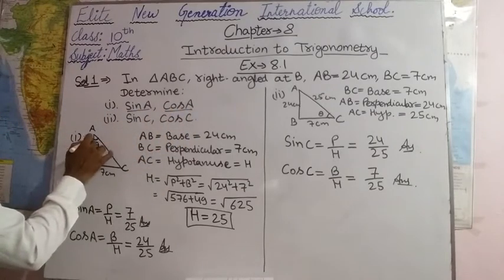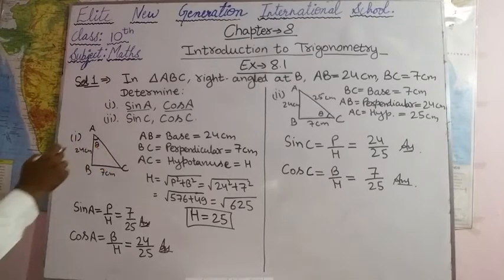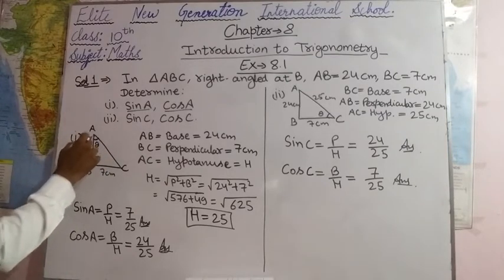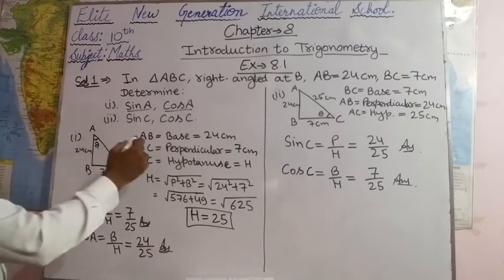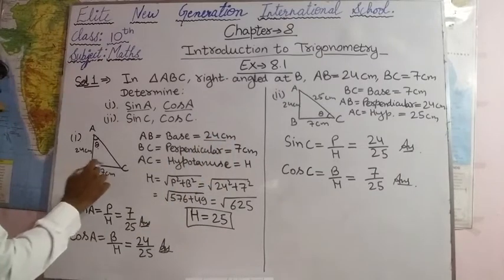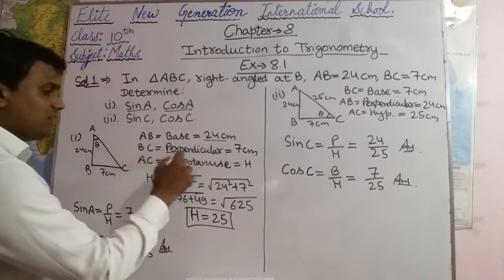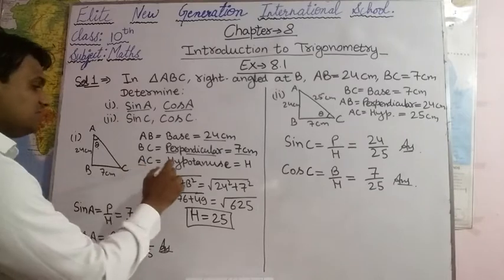Therefore we will take this angle A, and we can take this angle as theta. If we are taking this angle theta, then here AB will be base and BC will be perpendicular. So AB is base and its value is 24 centimeter, and BC is perpendicular and its value is 7 centimeter. Now first of all we will find the value of AC, that is hypotenuse.